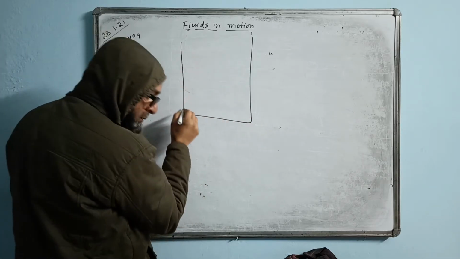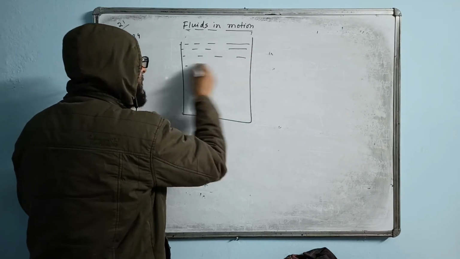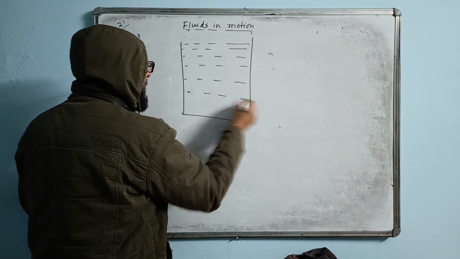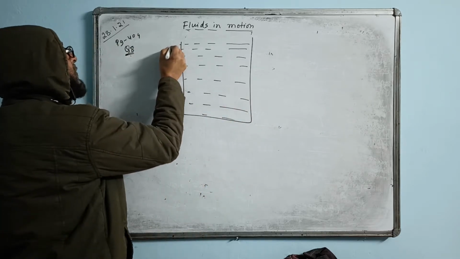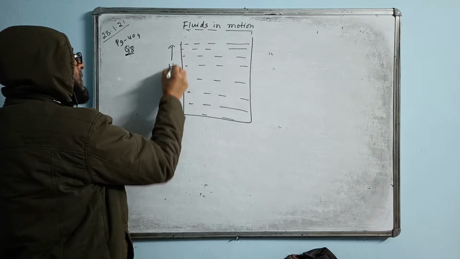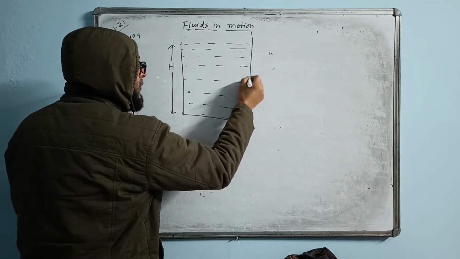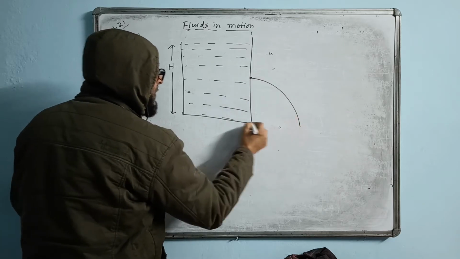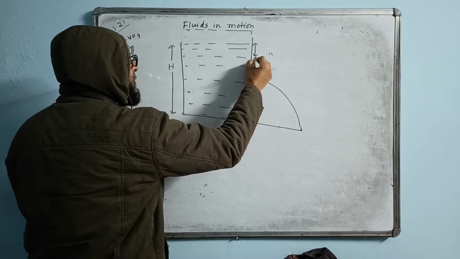The question says there is water in a container. The total height of the container is given as capital H, and the water is going out like this. This is given as small h.